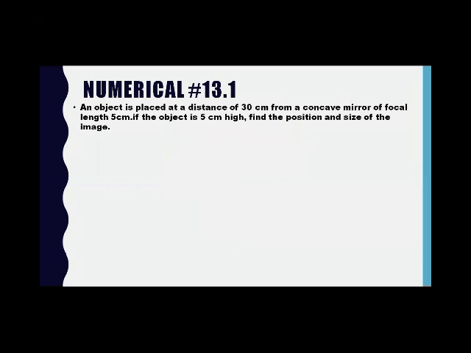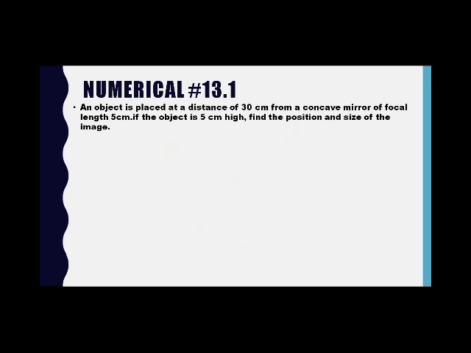First of all, we are going to solve numerical 13.1. It says that an object is placed at a distance of 30 centimeter from a concave mirror of focal length 5 centimeter.